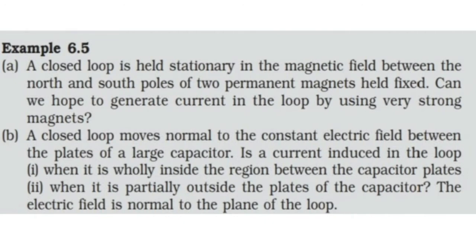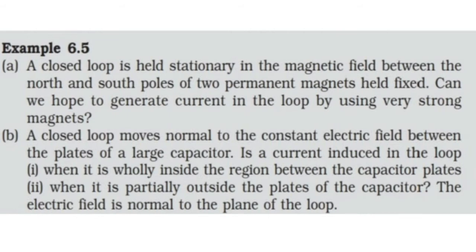Coming to the B part, a closed loop moves normal to the constant electric field between the plates of a large capacitor. Is a current induced in the loop? First case, when it is wholly inside the region between the capacitor plates. Second case, when it is partially outside the plates of the capacitor. The electric field is normal to the plane of the loop.